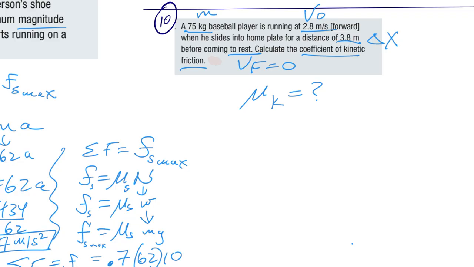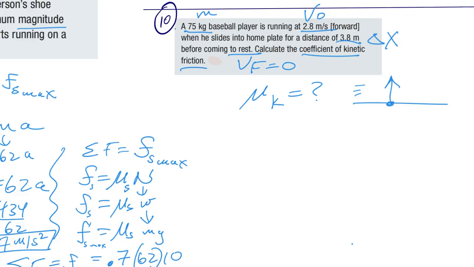Okay, so here's a picture of the base runner. Let's say he's running forward, going to the right. He's sliding, so there's no force pushing him to the right. He was running, and that speed continues until he hits the ground, and then it slows him down.